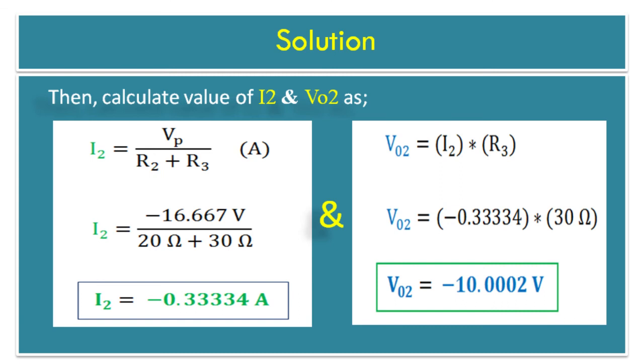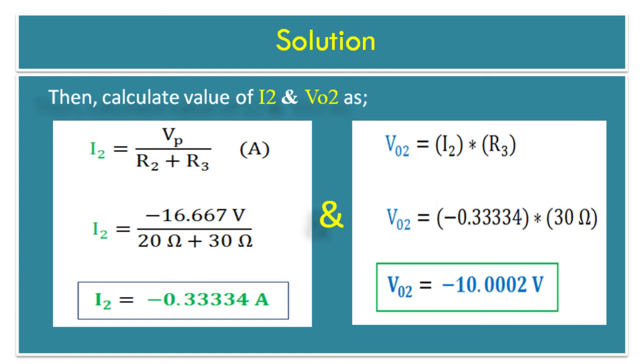After calculation, we get current I2 is equal to minus 0.33334 ampere.